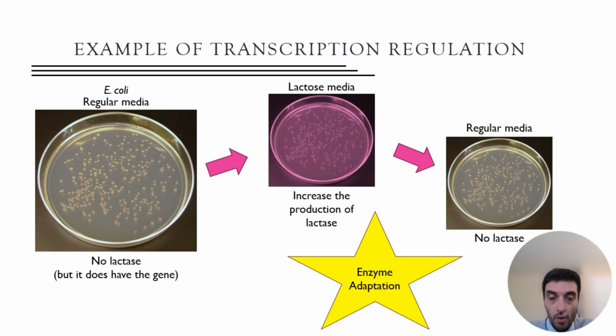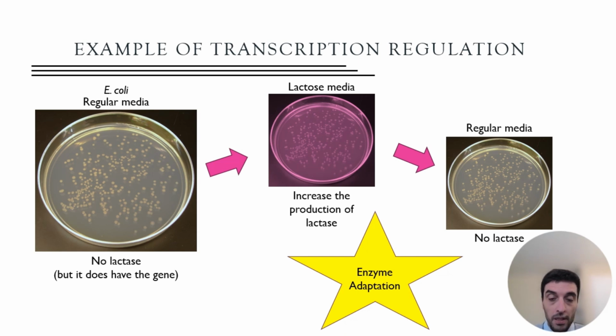It's very poor in nutrients, but it has glucose in there. And when you see the expression of enzymes that can digest lactose, it is usually very low to non-existent. So in general, where E. coli usually grows, the bacteria doesn't produce enzymes to break lactose.